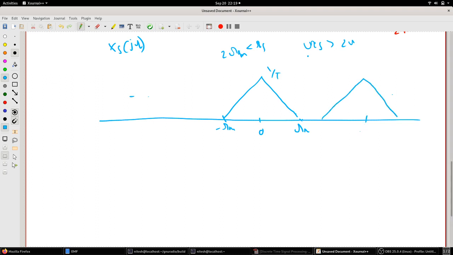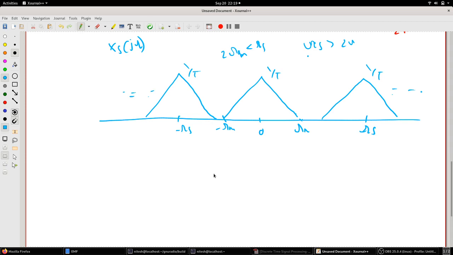So this will be ωs, and this will be minus ωs. So this is what you will have, 1 by T, 1 by T, and this will continue on both sides.